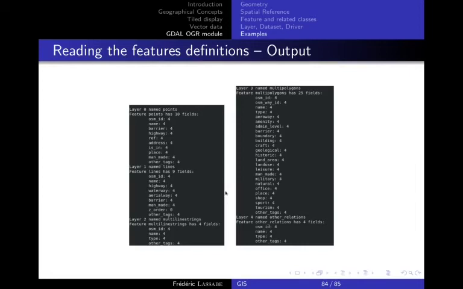So we have the layer points with feature points that has 10 fields, the OSM ID, name, and so on. Then we have the lines, the multilinestrings, and so on. And the multipolygons, the buildings. So we have the ID, the OSM way ID, name, type, aeroway, amenity, and so on. Some things that are related to the role of buildings inside the city from the OpenStreetMap point of view.